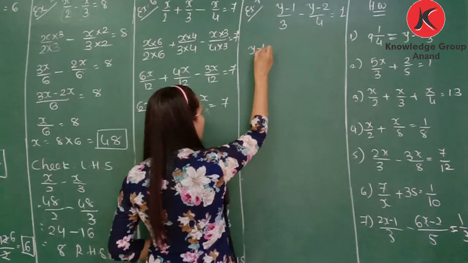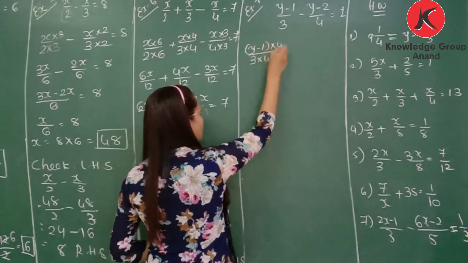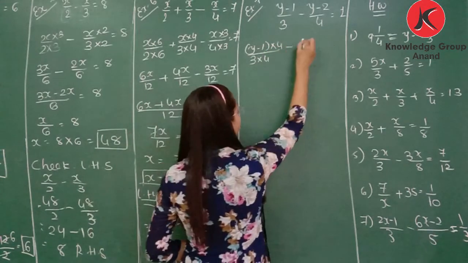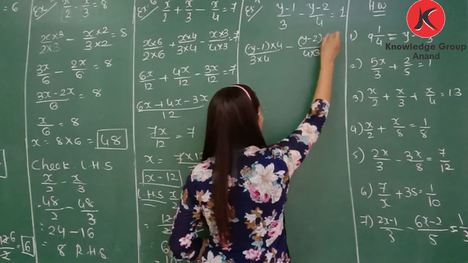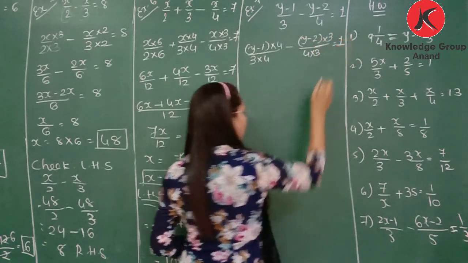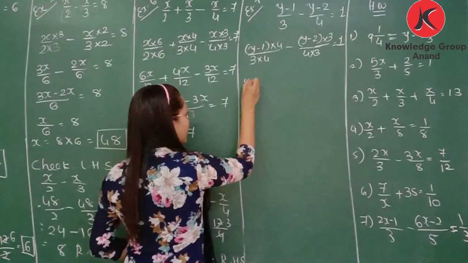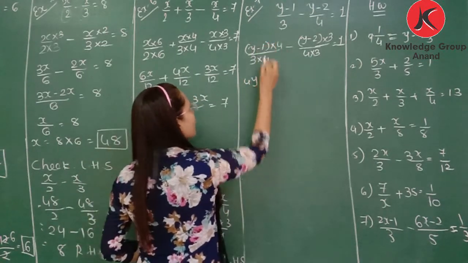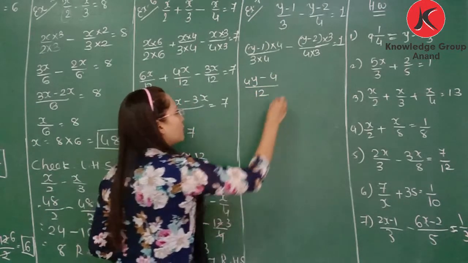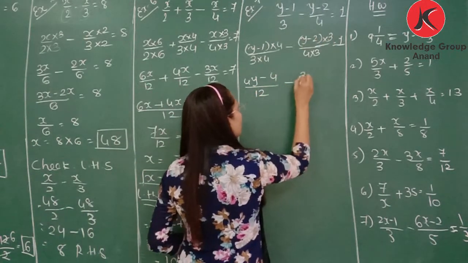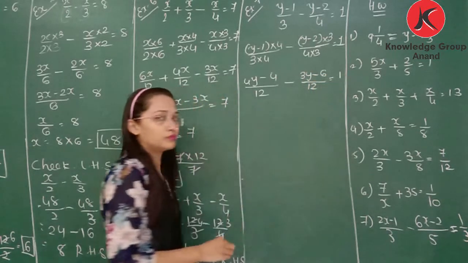So y minus 1 divide 3 means to multiply with 4 because LCM is 12, and y minus 2 divide 4 is multiplied with 3 is equal to 1. Clear? Now 4 is multiplied with y, that is 4y. 4 is multiplied with minus 1, that is minus 4 divided by 12. 3 is multiplied with 3y minus 6 divided by 12 is equal to 1.